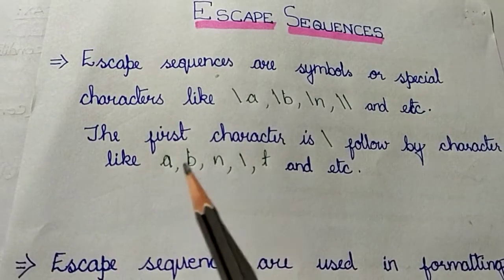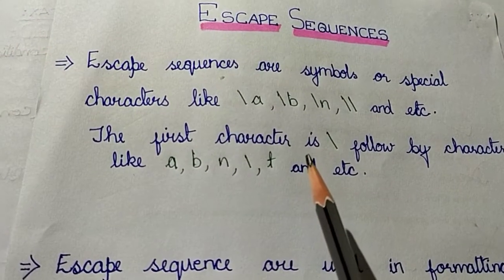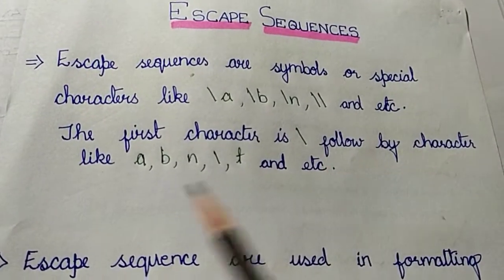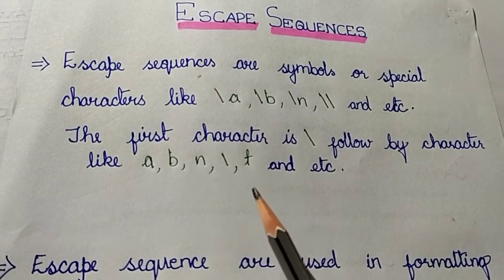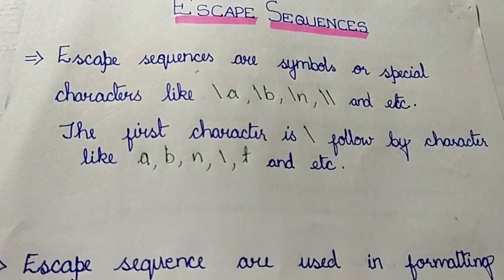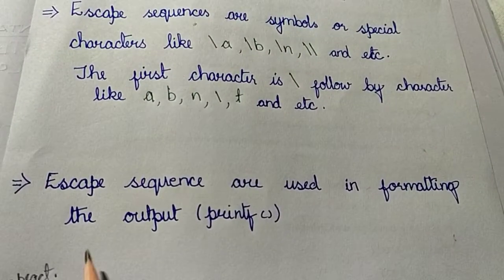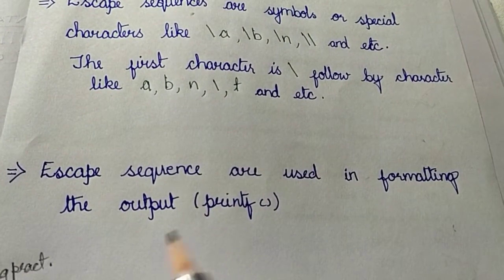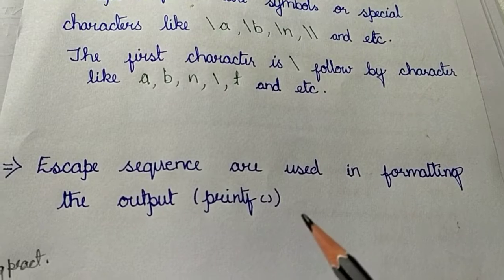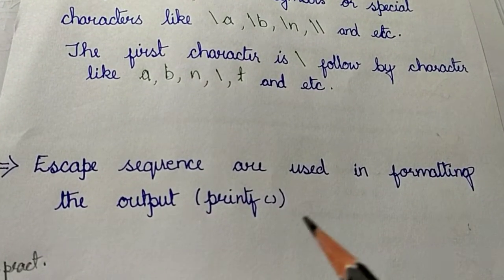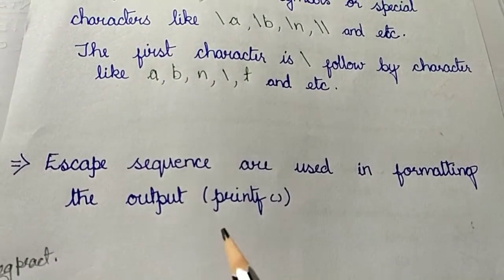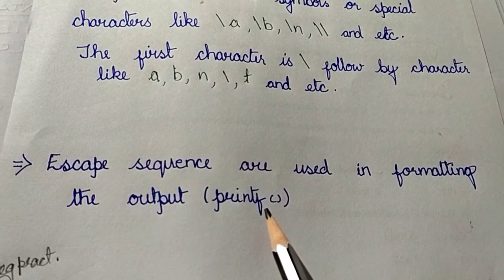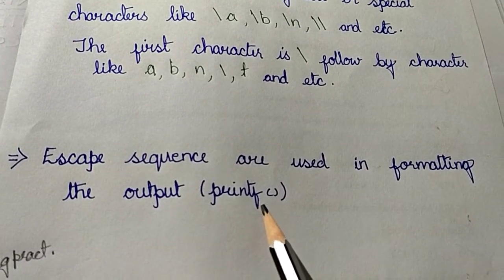Remember that the first character of an escape sequence should be the backslash, followed by characters like a, b, n, \t, and so on. You can use escape sequences in formatting the output, or in simple words, to beautify your output, along with the printf or inside the printf function.